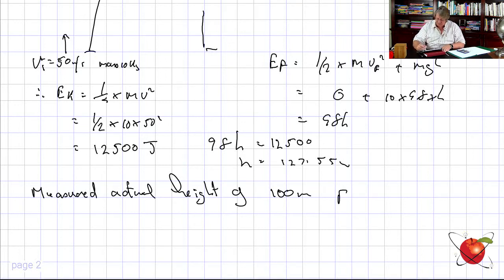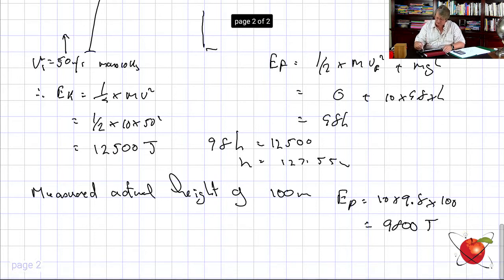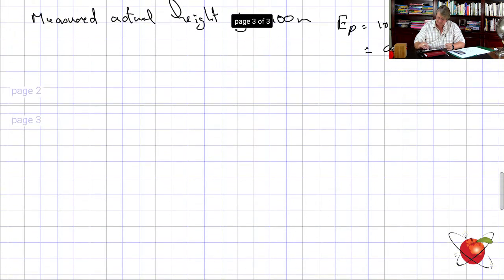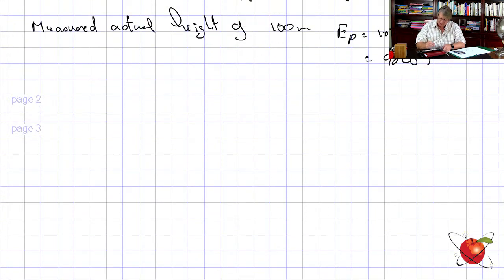The EP is equal to 10 times 9.8 times 100, which is 9,800 joules. Therefore, let's have a look at what happened here. We now have a discrepancy.